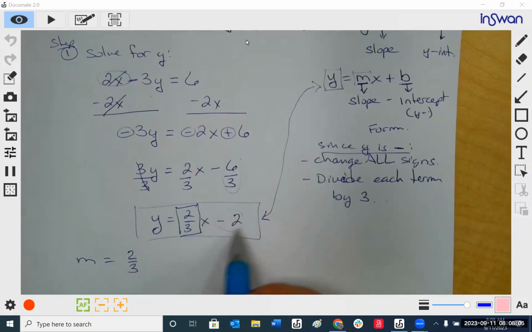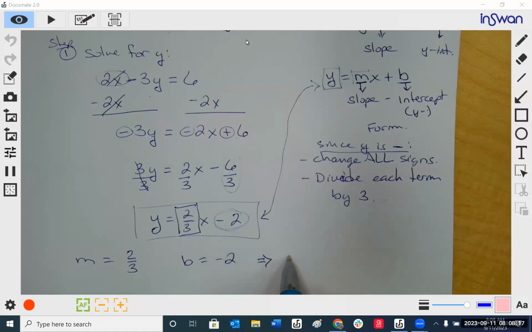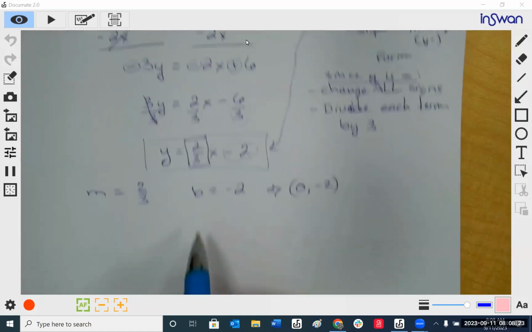What is this to represent? The y, that's my b value. What's its location? It's at 0, -2. It's just down 2.